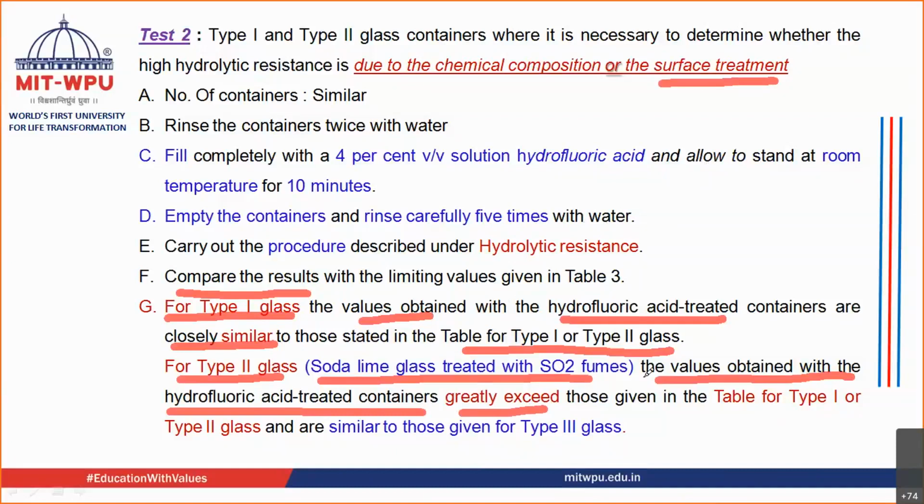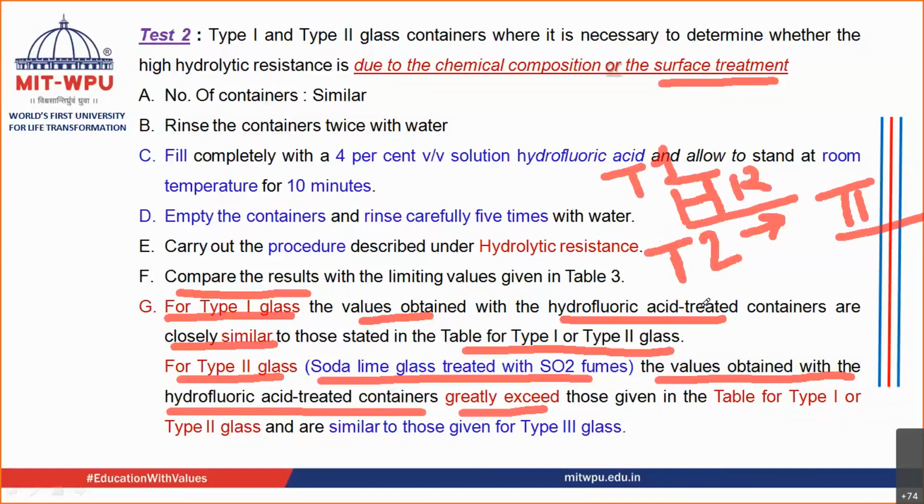So if there is a glass with hydrolytic resistance, and after your test 2 it is showing increased values, then you are going to say it was a type 2 glass. Or if you have carried out test 1 and found it to be hydrolytic resistant, you carry out test 2, and you see there is no change in mL, it is not exceeding, then you are going to say it is a type 1 glass.